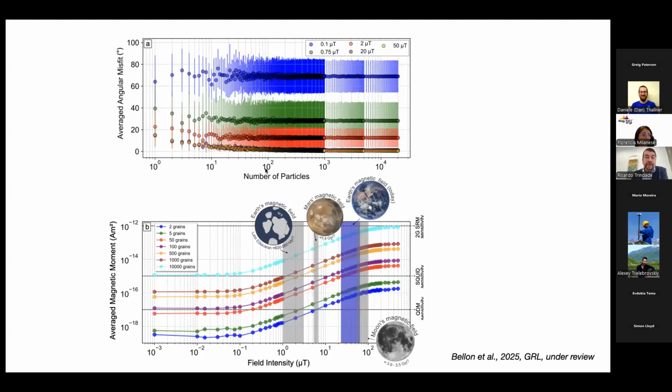The same thing we can see at the lower panel, showing the average magnetic moment and also the sensitivity of the different equipment we have, and the intensity of the field along the x-axis, and the amount of grains from 2 grains to 10,000 grains.